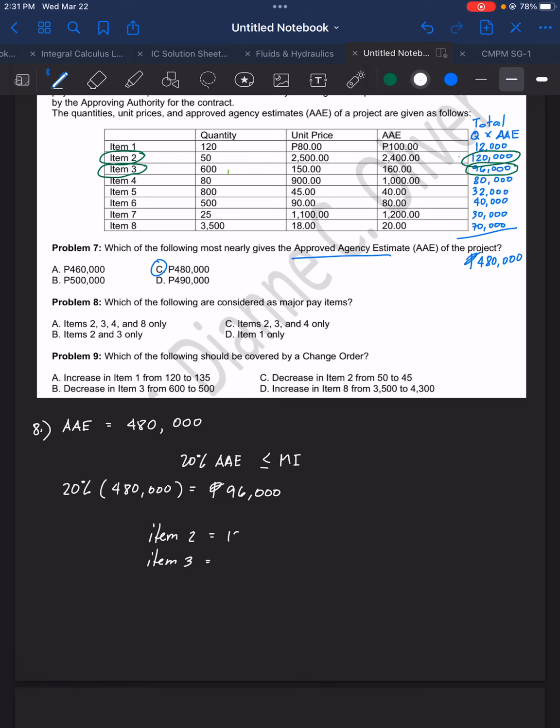120,000 should be here, and 96,000. So 120,000 and this is 96,000.